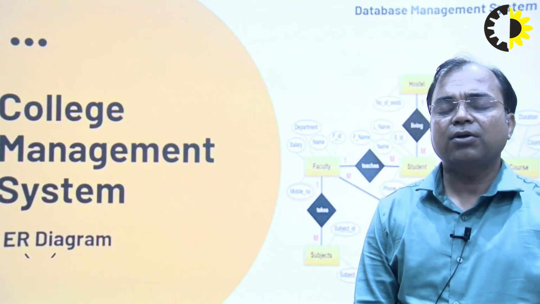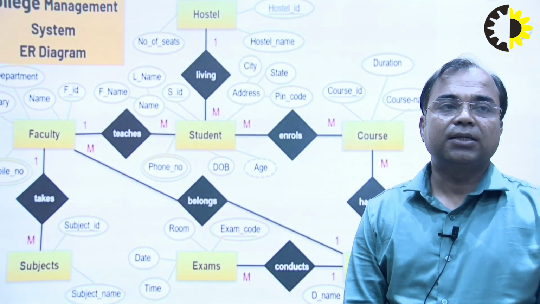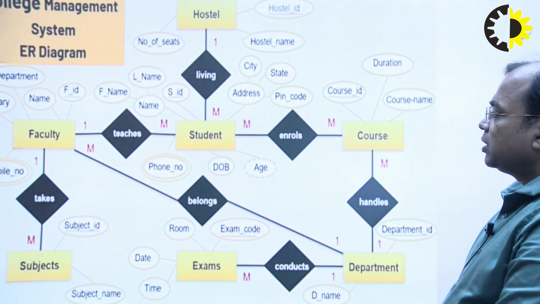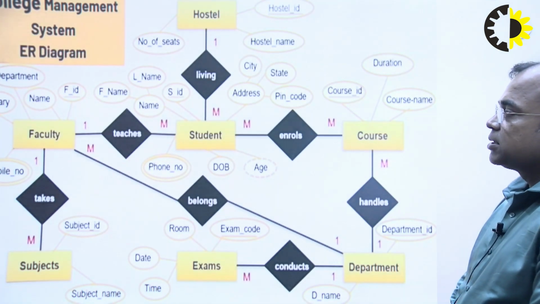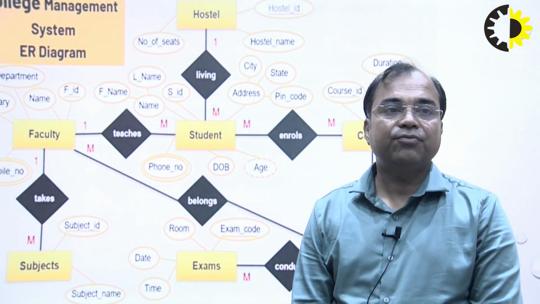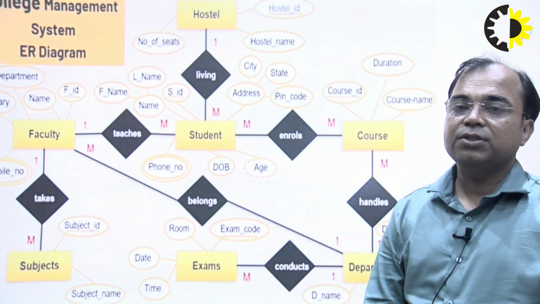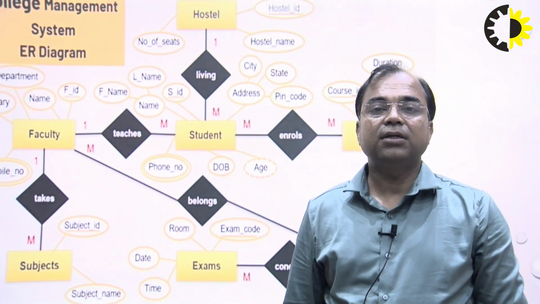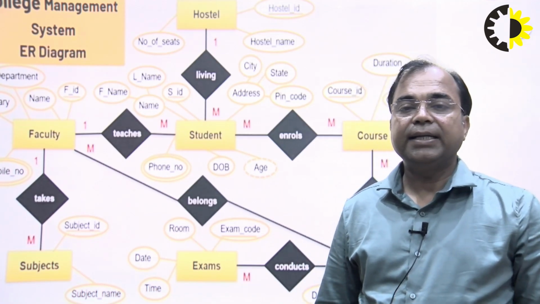So why do we draw the ER diagram? If you are going to draw the ER diagram, it's the base to create any database. If we want to create a database for our organization, school or college, we first start with the entity relationship diagram.